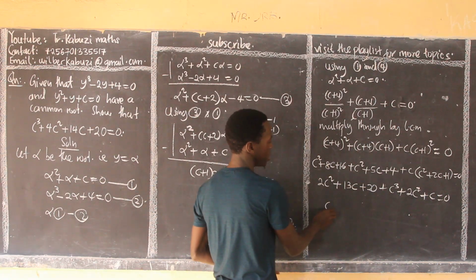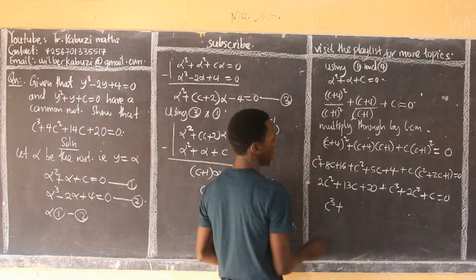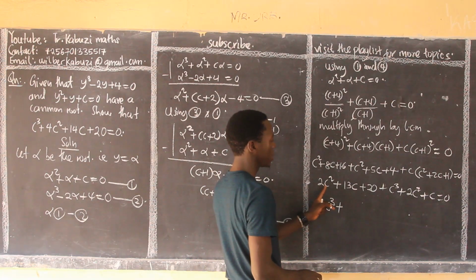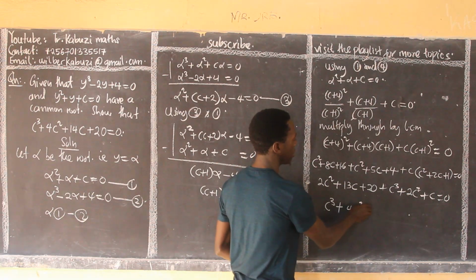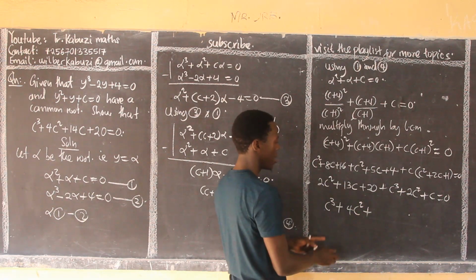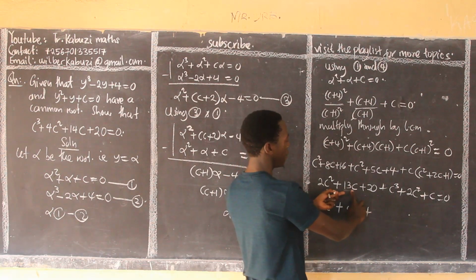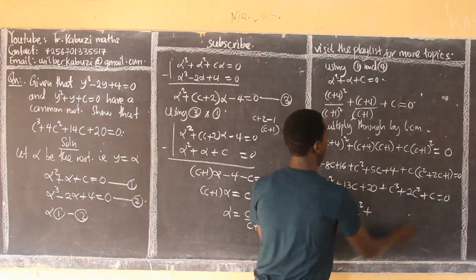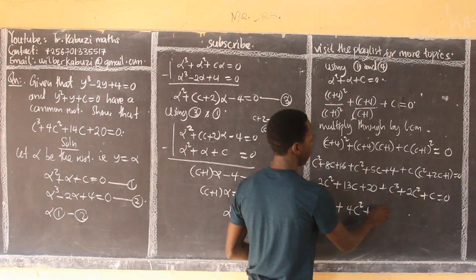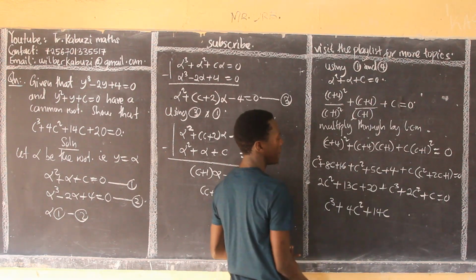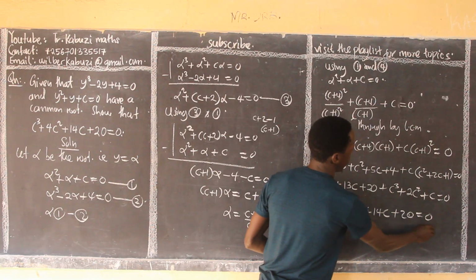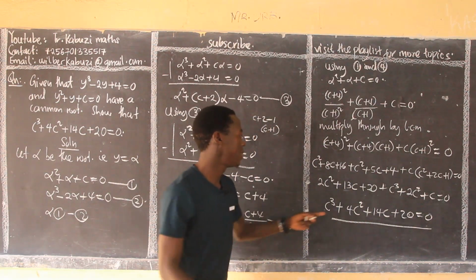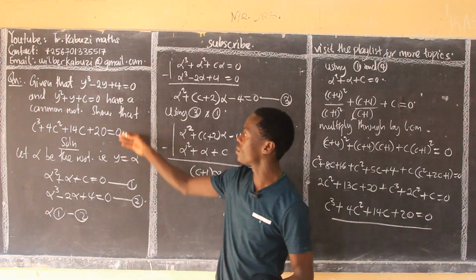I have now c cubed plus 2c squared plus 2c squared to get me 4c squared, plus now the c, I have 13c plus a c to give me 14c. And I have this one remaining as the 20, equals 0, and that is the proof. So this is the proof they wanted us to get.